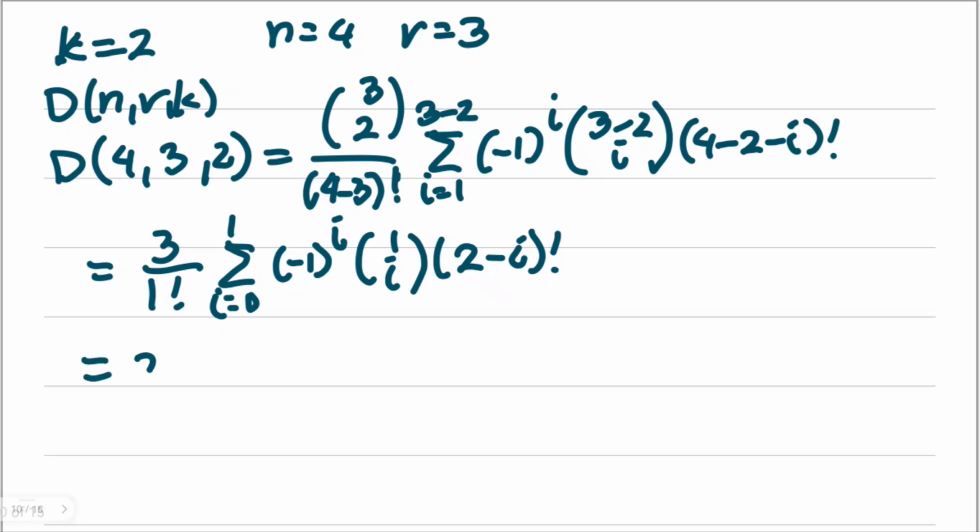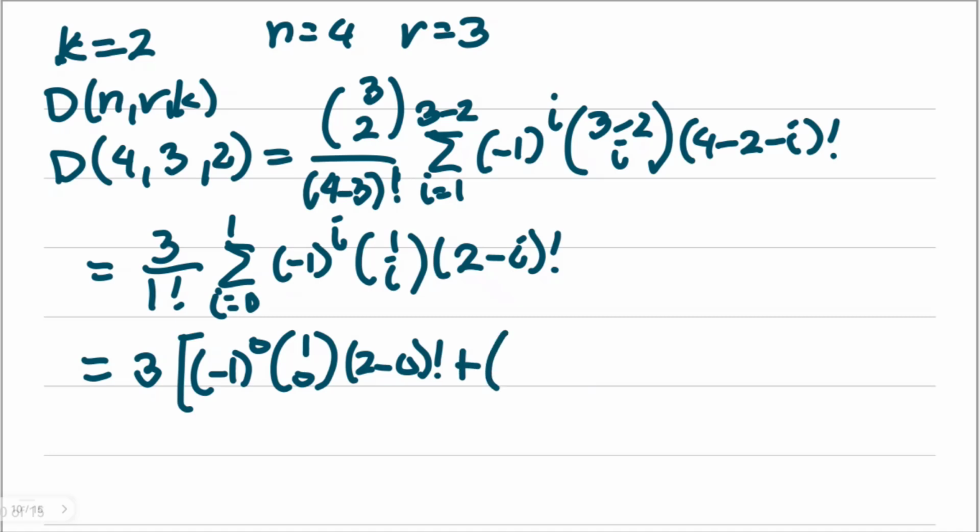So by expansion, this is again 3 times negative 1 raised to 0, 1 combination 0, 2 minus 0 factorial, plus negative 1 raised to 1, and we end up here because our upper bound is 1, so you will have 1 combination 1 and 2 minus 1 factorial.